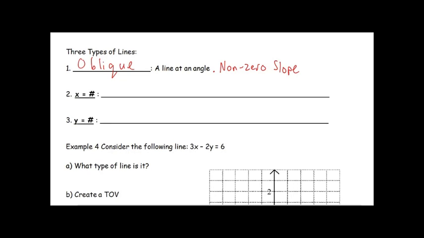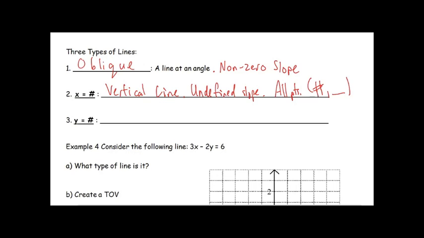If we have x is equal to some number, this is going to be a vertical line. This is going to have an undefined slope. All points are going to have an x coordinate that is just that number you're given, and it doesn't matter what your y is.